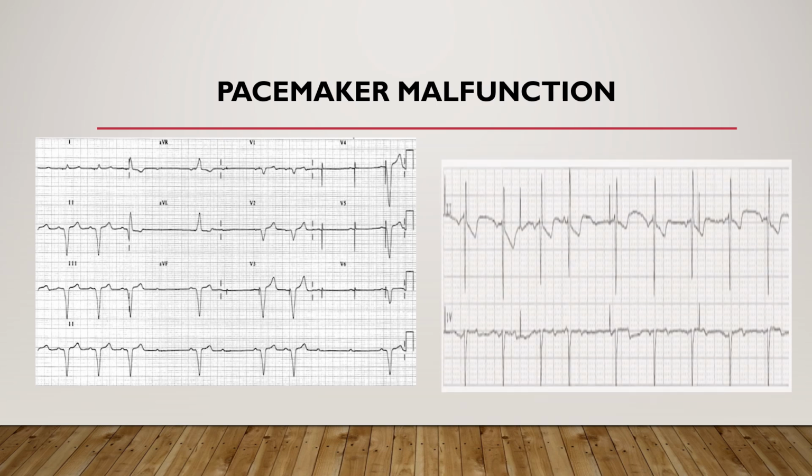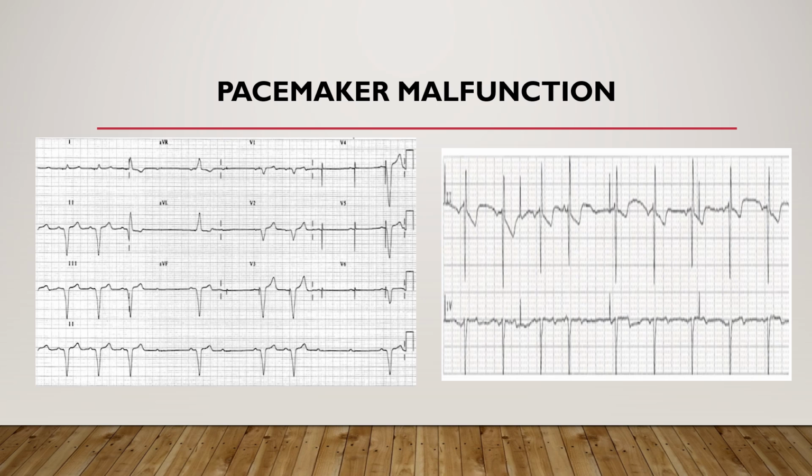So let's take a look at another one on the right side of the screen. On the second EKG, you see that the pacing spikes occur irrespective of the QRS complex, which is a type of pacemaker malfunction called sensing failure. So the pacemaker itself can either undersense or oversense a native rhythm.